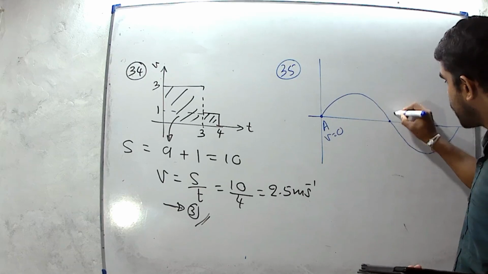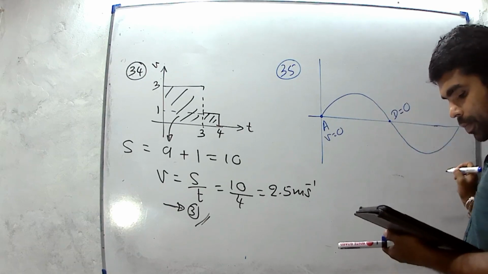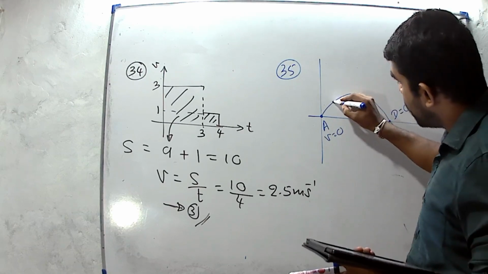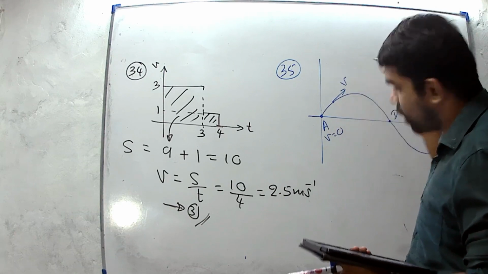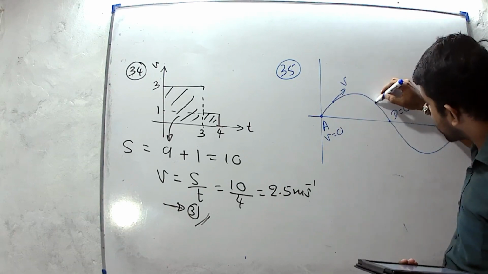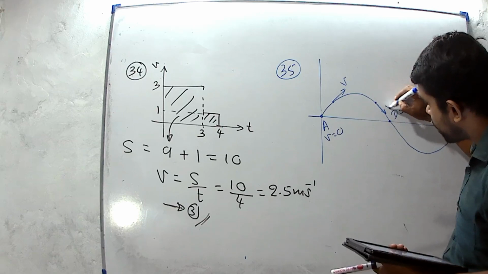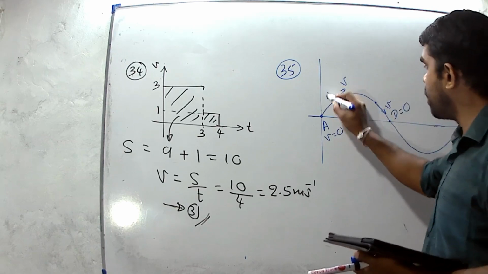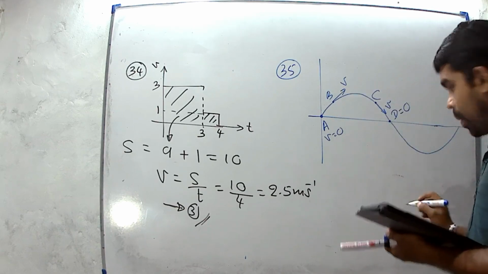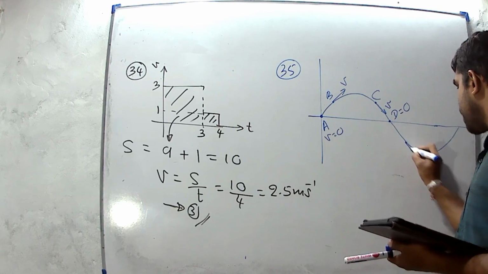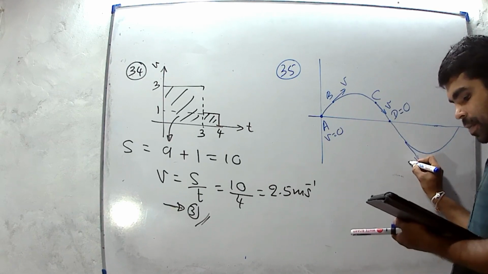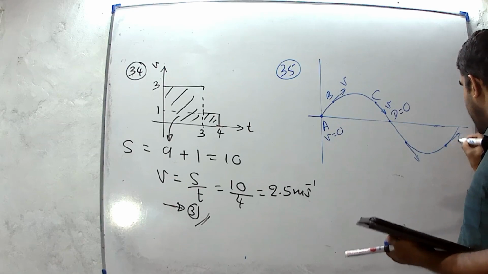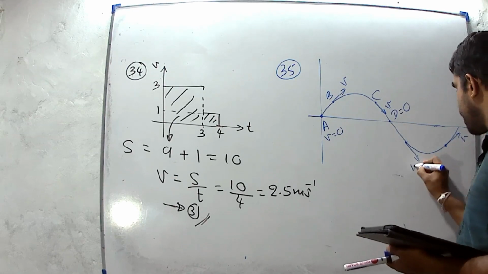Point B velocity 0. Point B has a velocity in this direction. Point C has a velocity in this direction. Point E has a velocity in this direction. And F has a velocity in this direction.